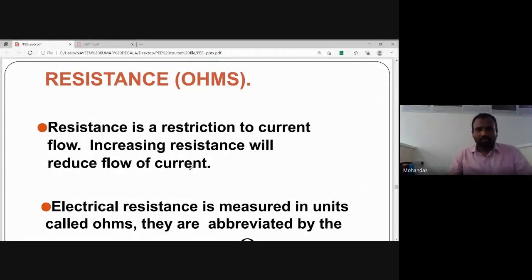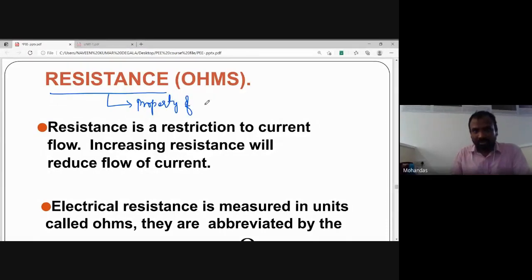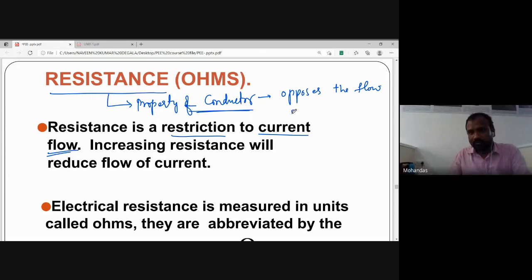See, resistance is a property of a material, or let us take a conductor. It is a property of any material or conductor which is a restriction of current flow, or which opposes the flow of electrons.